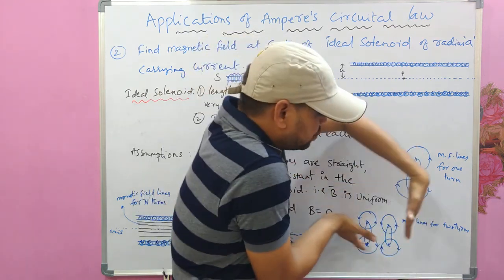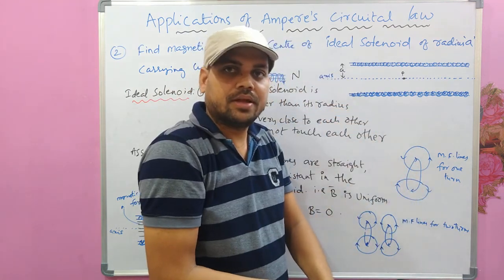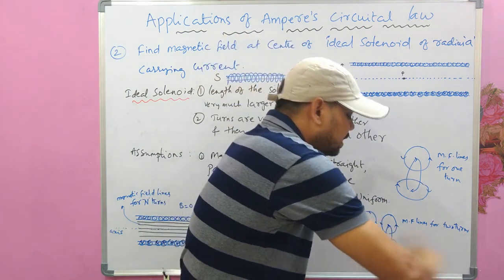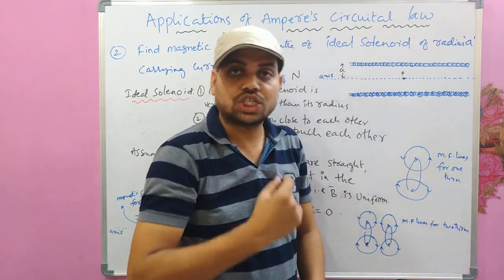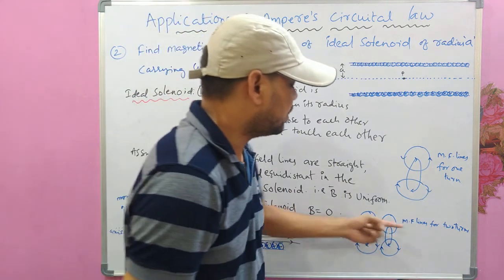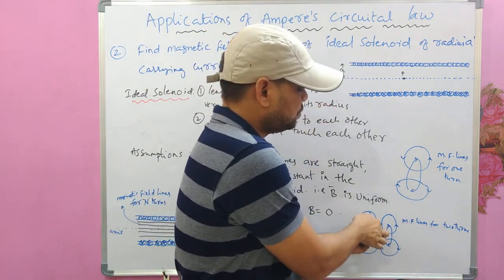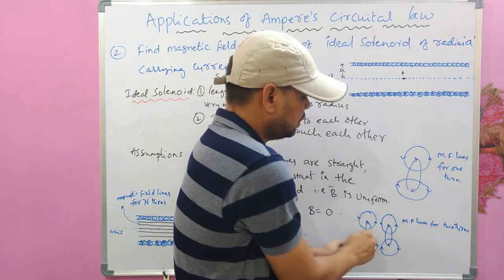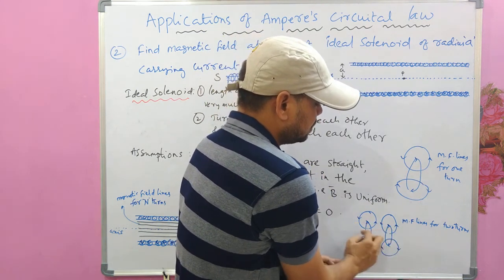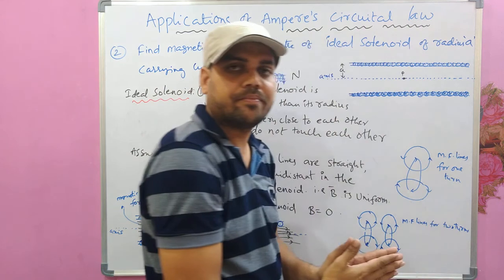Because they are very close to each other, the magnetic field lines are straight in the interior of the solenoid. This will be very close to this, the next one will be very close to this. So all these things will be added up.